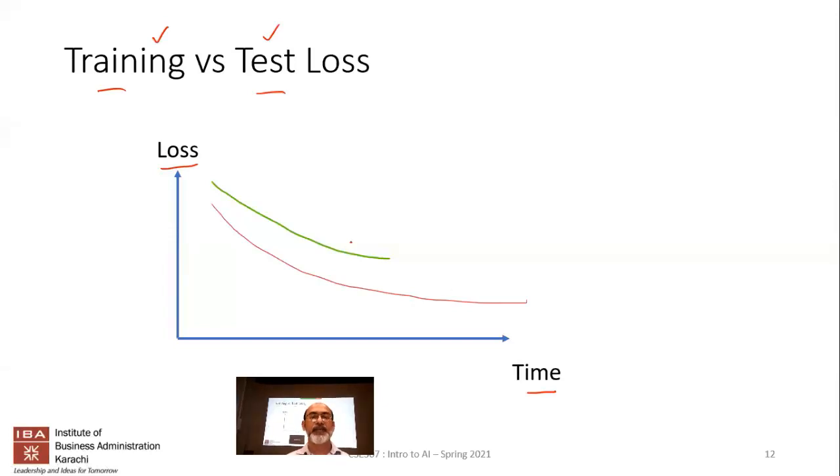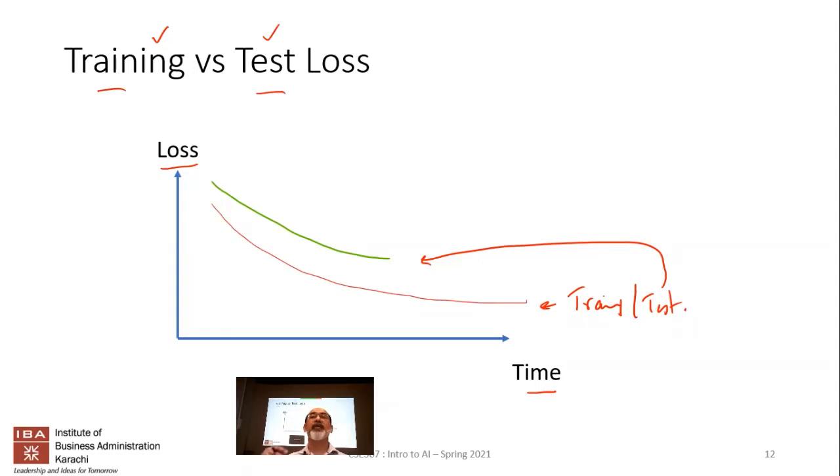So now the question is, which one is which? Do you think the red line is training or the red line is testing? Training versus testing, which one is which? Training should be less, right? So training should be over here and testing should be up here. Why is that? Because we expect that the loss in training should be lower, because this is the data that you've actually trained on.